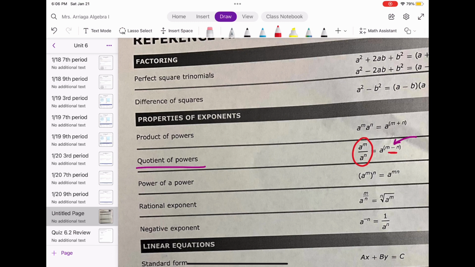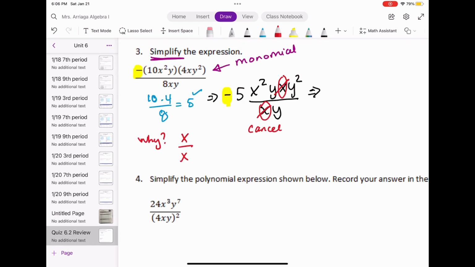Well, that x on top has a 1, and that x on the bottom has a 1. So 1 minus 1 equals 0. That would give us x to the 0. And isn't any number to the 0 equal to 1? So whenever we divide that top x by the bottom x, we're going to get a 1.